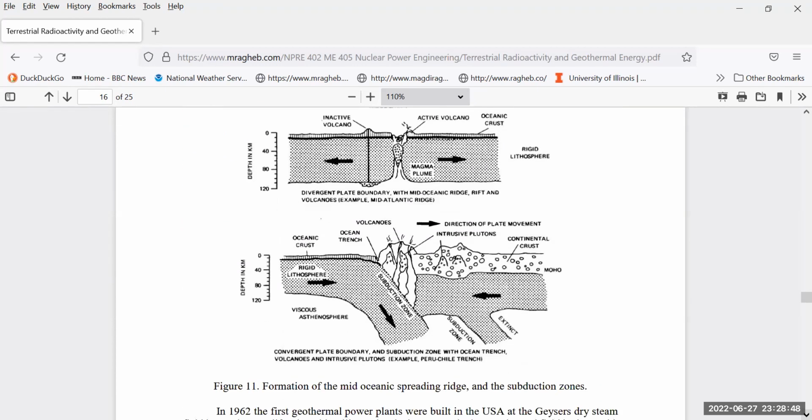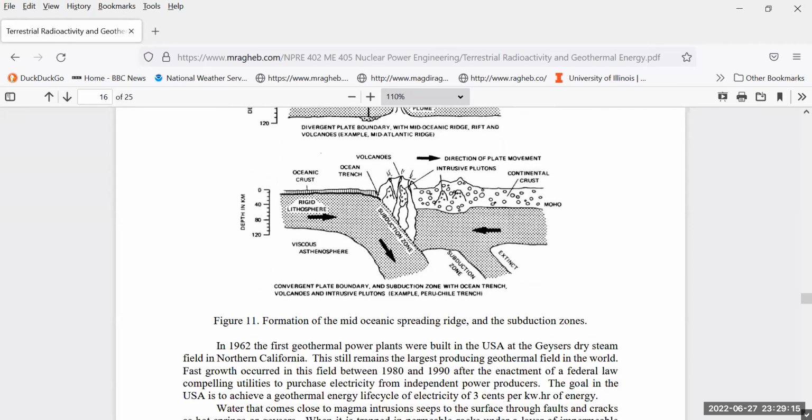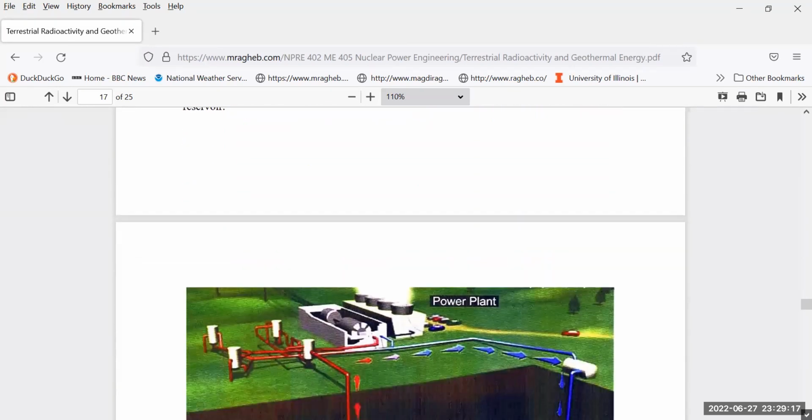All right, so how is this geothermal energy being produced by the different plates moving against each other? In some regions, you get a subduction zone. One of the plates goes below the other plate, they rub against each other, the rubbing generates heat, and basically you get molten rock, and that molten rock is close to the surface so that we can access it to generate steam.